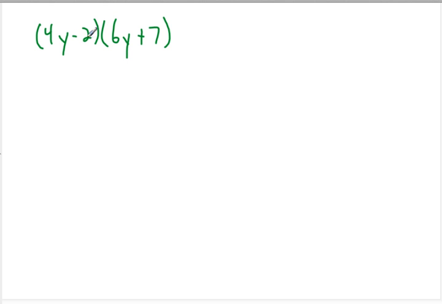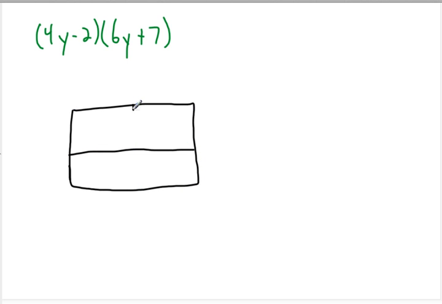We have 4y minus 2 times 6y plus 7. I'm going to use the box method here. So we have 4y minus 2 and 6y plus 7. Notice I usually try to put the sign with the number.